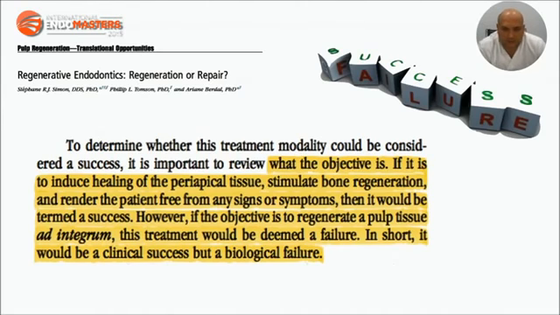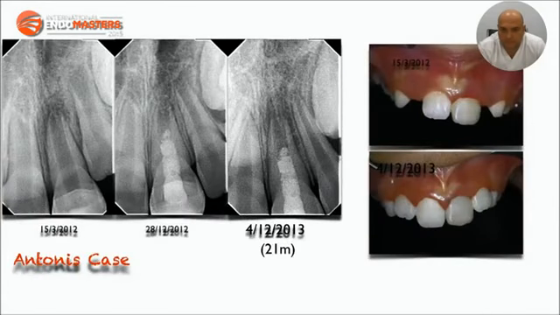But you know, in cases like this, long-term observation is very important, not to stop there. So at least in my practice I try to follow my patient as long as possible. And this is the 21 months follow-up of Antonis' case.